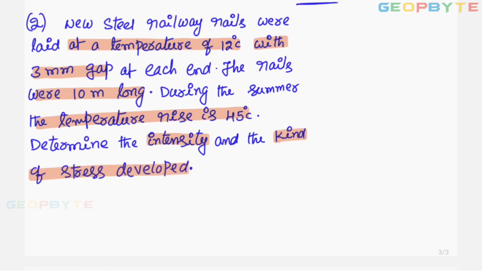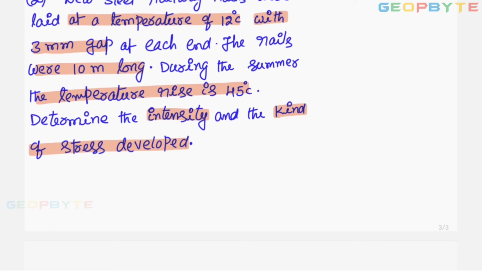Let us find. First let us write the given data. Given data is: new steel railway rails were laid at an initial temperature T1 equal to 12 degrees centigrade with 3 mm gap, yield delta equal to 3 mm.